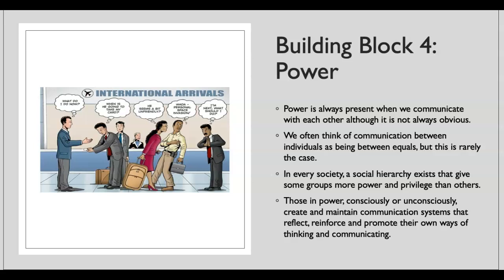For instance, you are planning on traveling to a different state, and you're trying to ask your friend to give you a ride to the airport. In that example, you understand that you don't have as much power as your friend because you're the one asking for help, and that friend is the one who's going to give you the help, right?